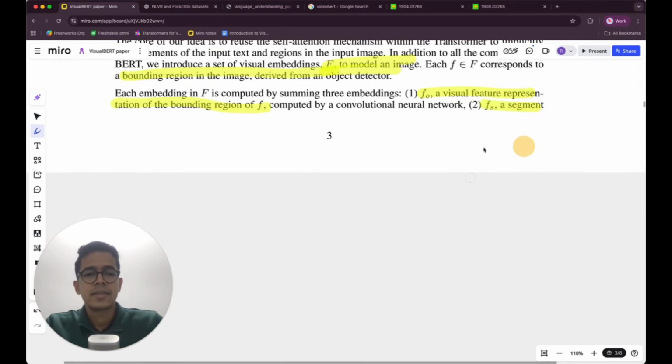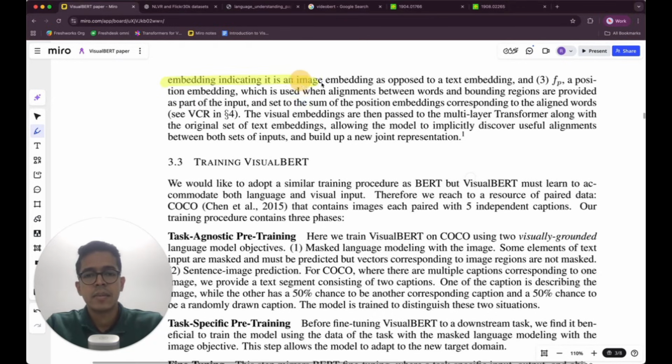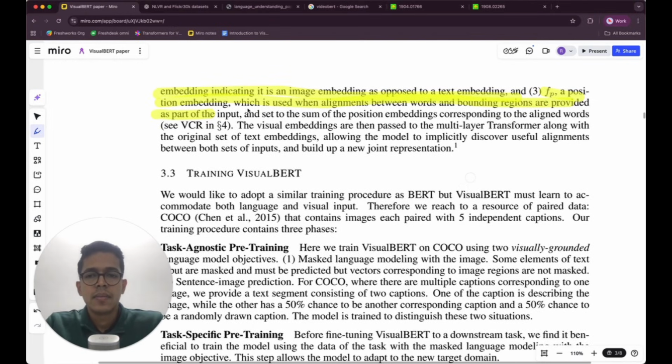Then Fs is a segment embedding indicating that it is an image segment and not a text embedding. Then Fp is a position embedding which is used when alignments between words and bounding regions are provided as part of the input, and set to the sum of the position embeddings corresponding to the aligned words. I don't understand this sentence.